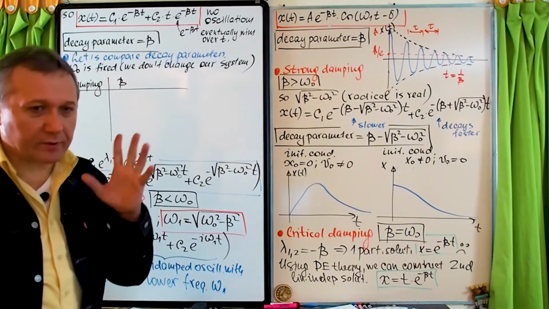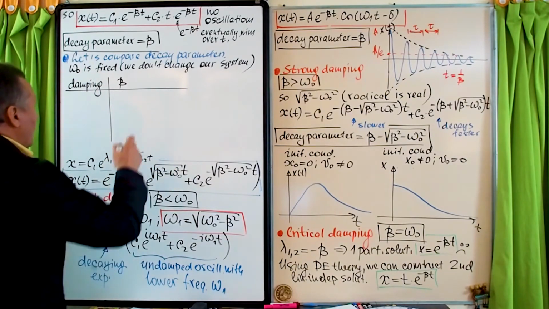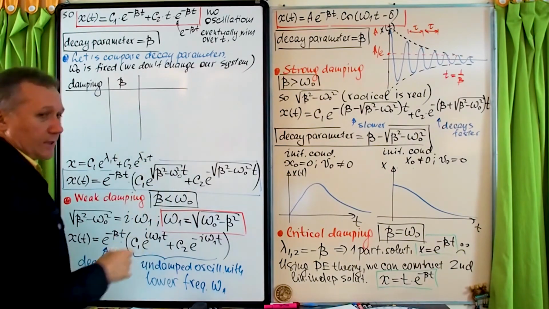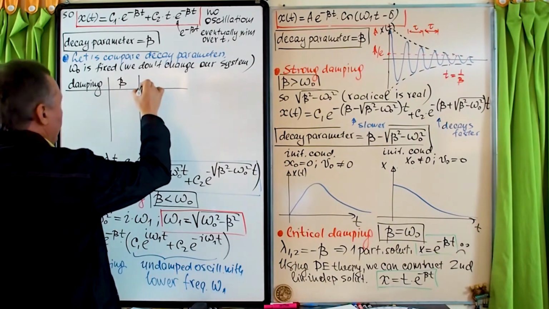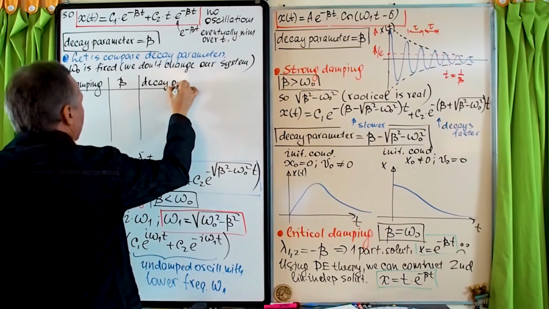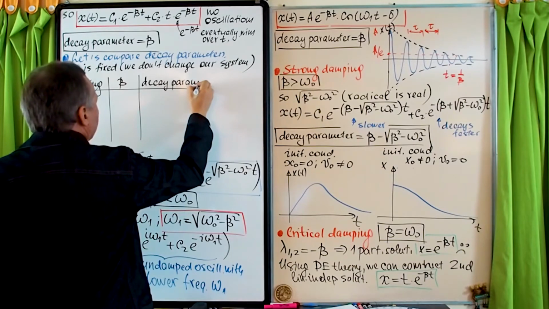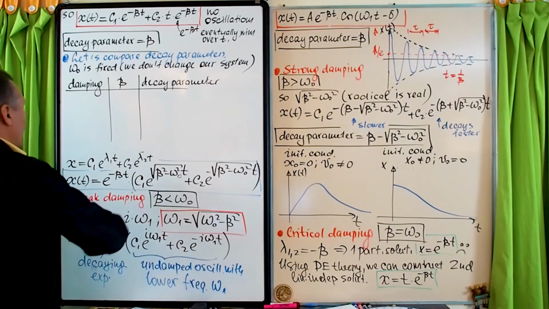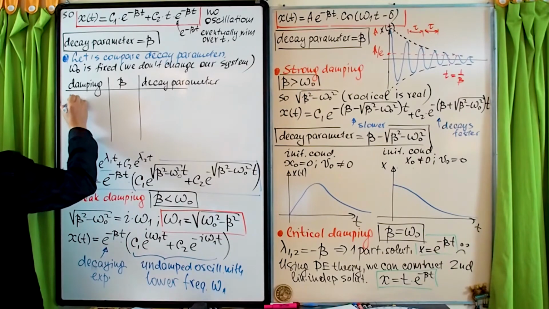It's not the decay parameter, it's the damping constant. And the last column will be the decay parameter, which we identify.